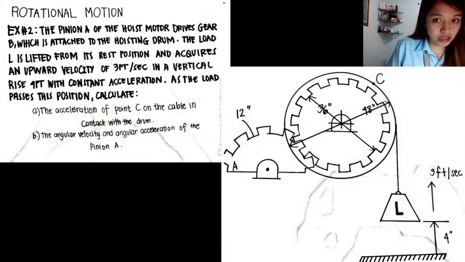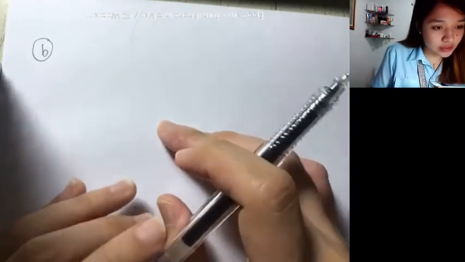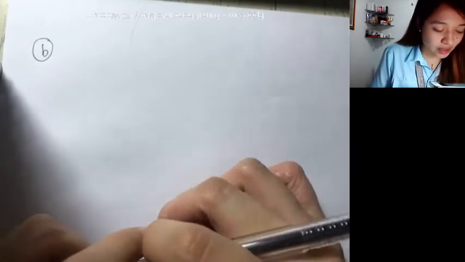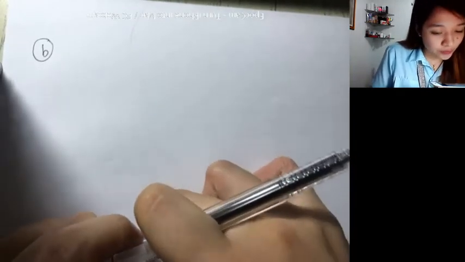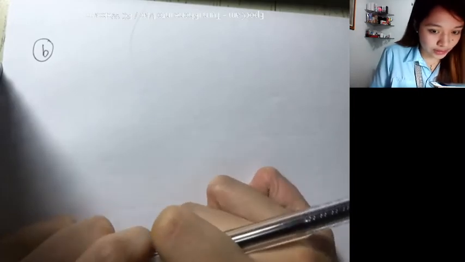You can see it here. Gear A and gear B, and A1 for tangential acceleration. This is only for their common point of contact.